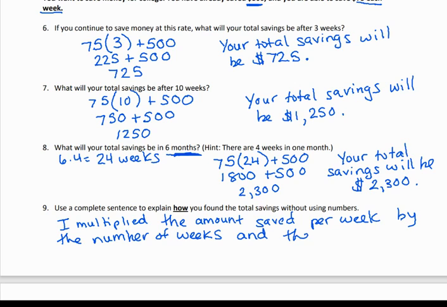And then, what did we do? Yes, that's what we did. We then added 500, but I don't want to use numbers. So exactly. And then added the amount that was already saved.